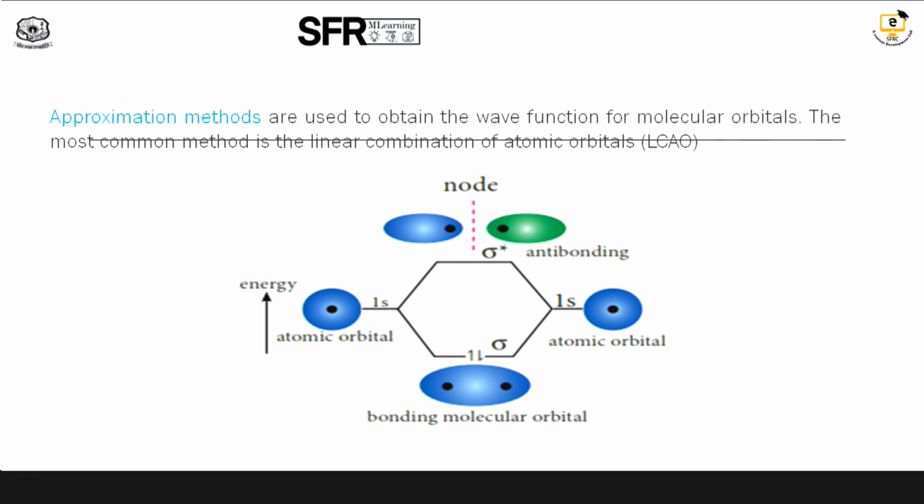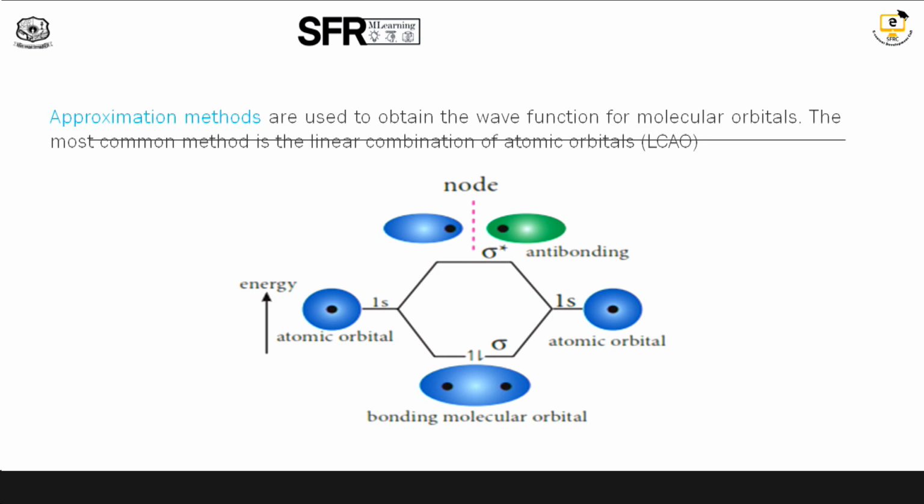Why do these two molecular orbitals have different energies? They are formed from two atomic orbitals of equal energy, but we get a bonding and an anti-bonding molecular orbital of unequal energy levels. How is this formed? This concept is explained through the approximation method, which represents that two atomic orbitals are linearly combined to form two molecular orbitals.